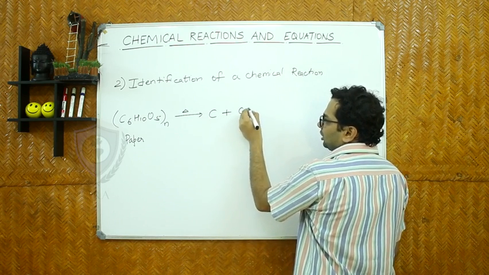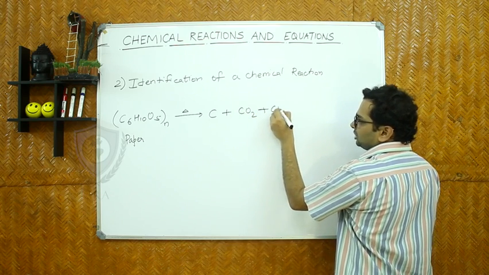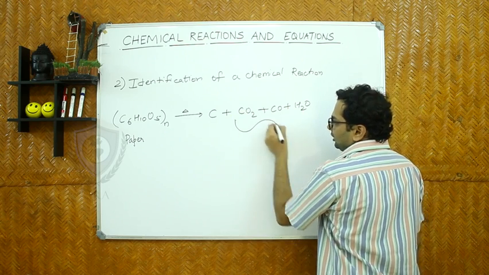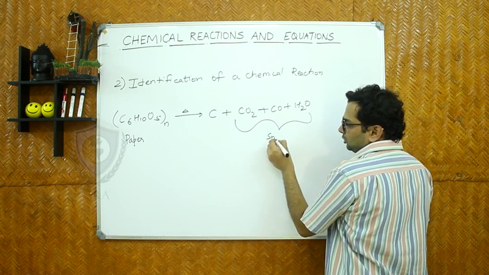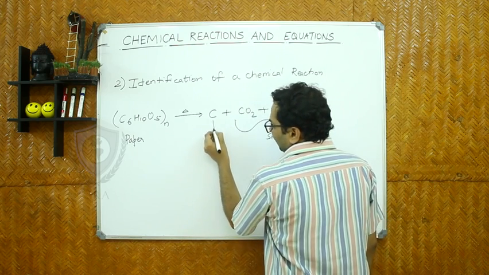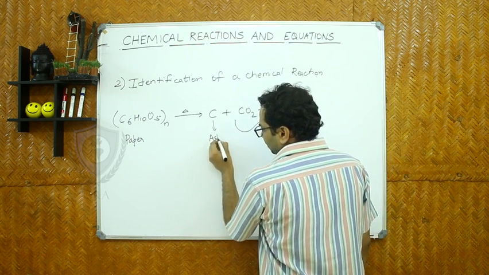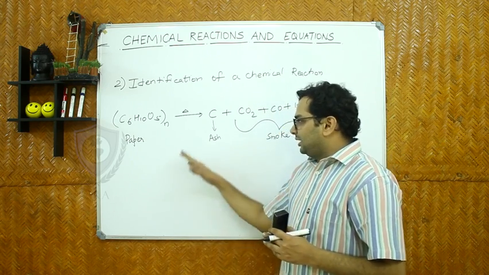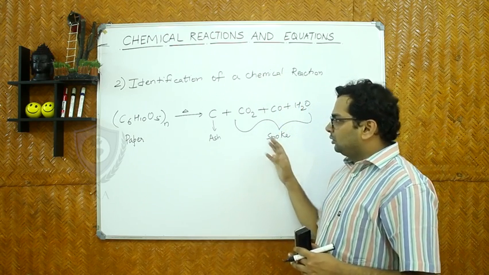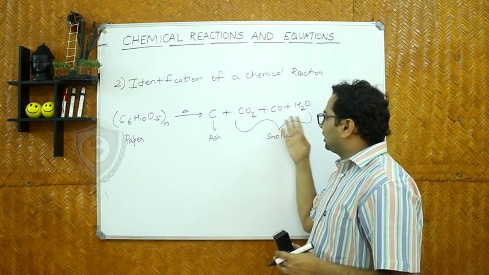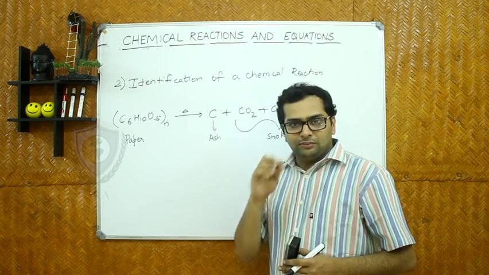It also turns into carbon dioxide, carbon monoxide, and water, all of which is present in the smoke which we get at the end of the burning of paper, and carbon is basically the ash. So I hope you understand what happens when paper burns. It converts into ash and smoke. The ash is primarily carbon, and the smoke is primarily carbon dioxide, carbon monoxide, and water.